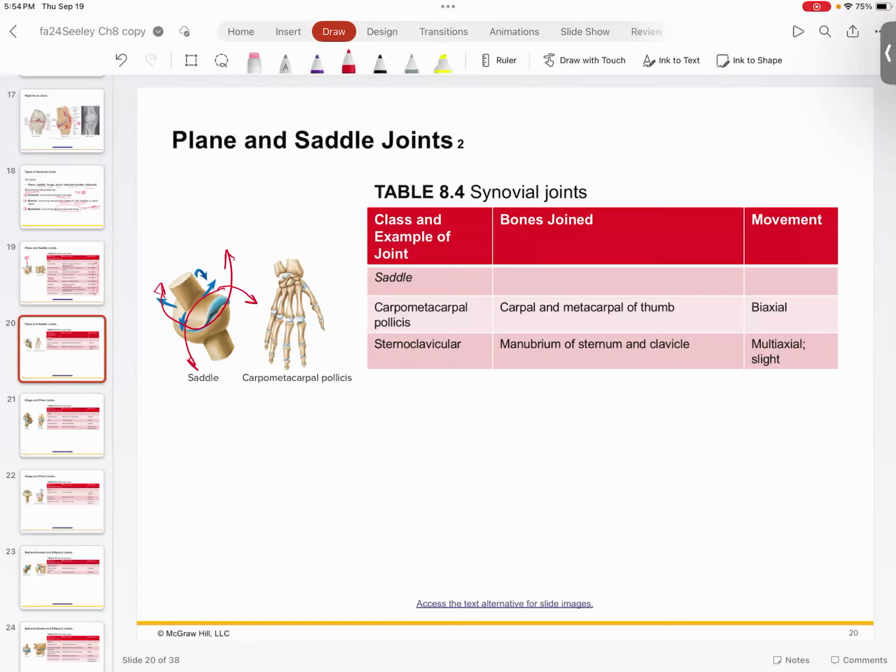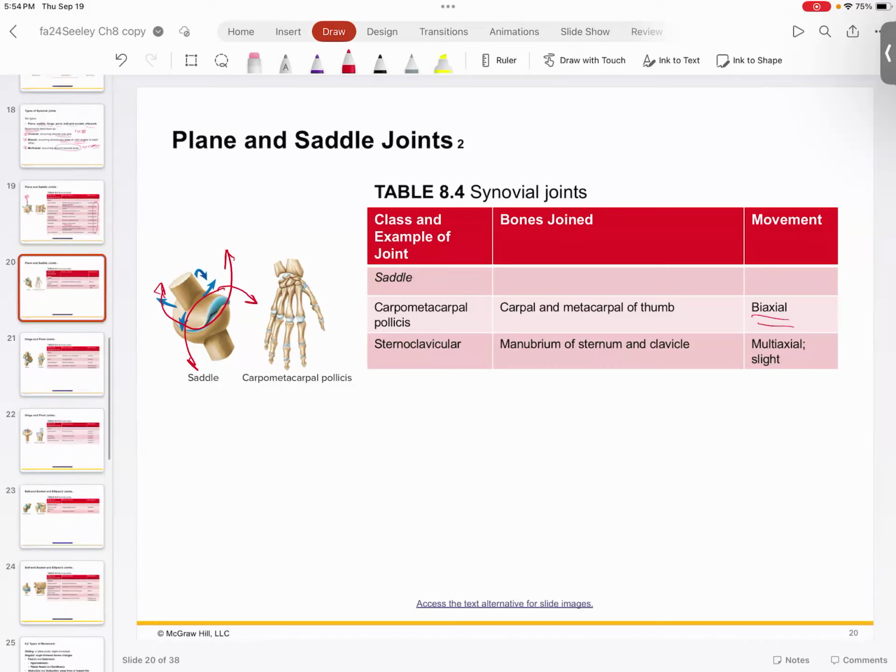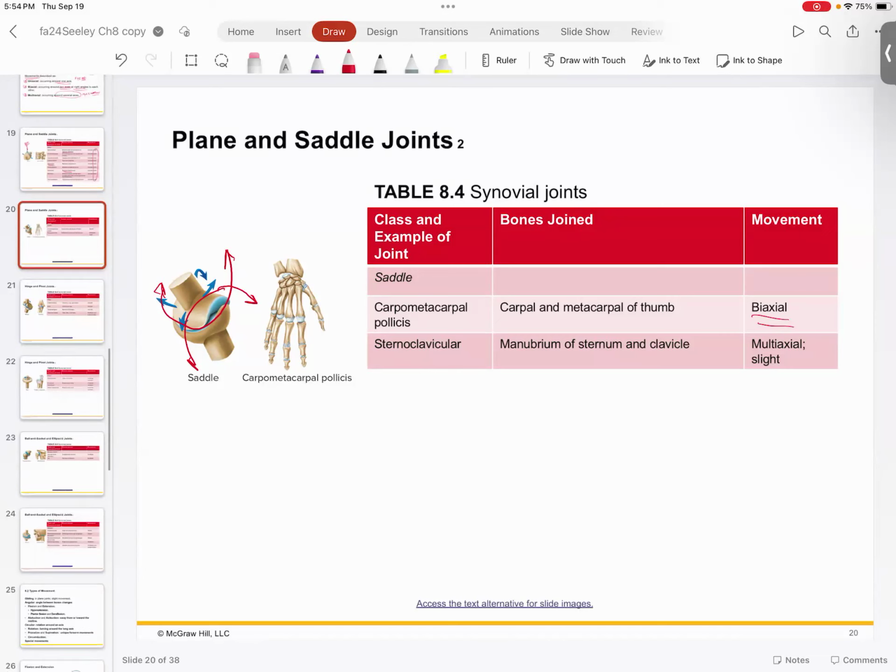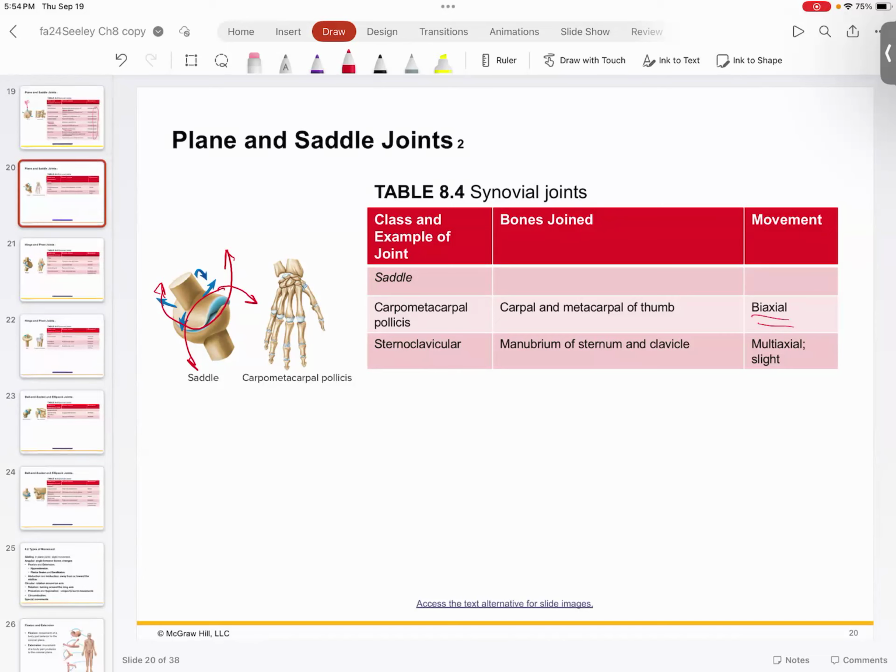For instance, the carpometacarpal joint of the thumb, where the pollex is, will be a biaxial type of movement. Where you have the sternoclavicular attachment, you'll have a little bit of multi-axial action going on there. That's that type of saddle joint. The most common example of a saddle joint is this thumb articulation.